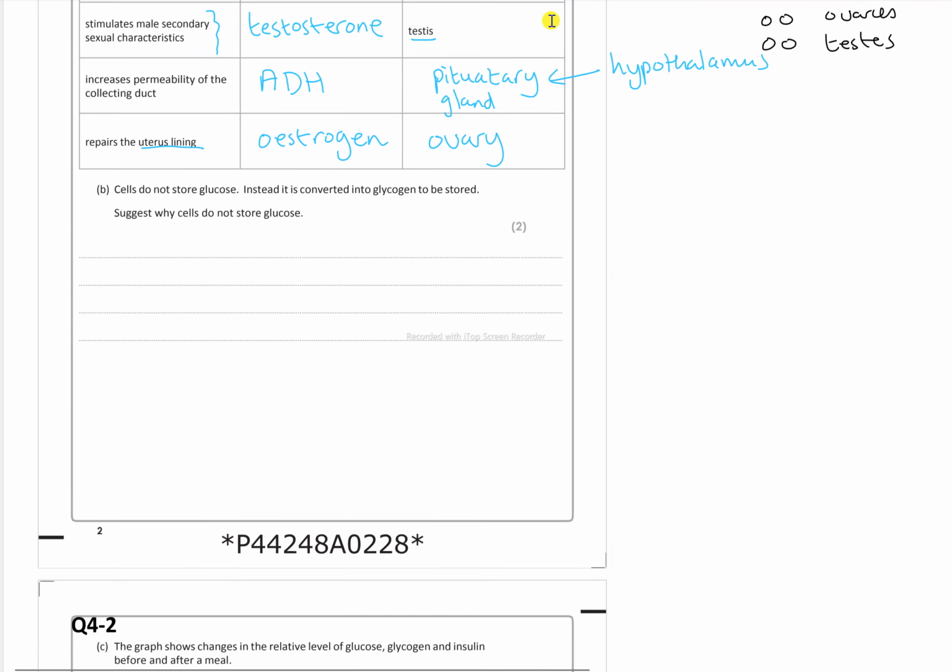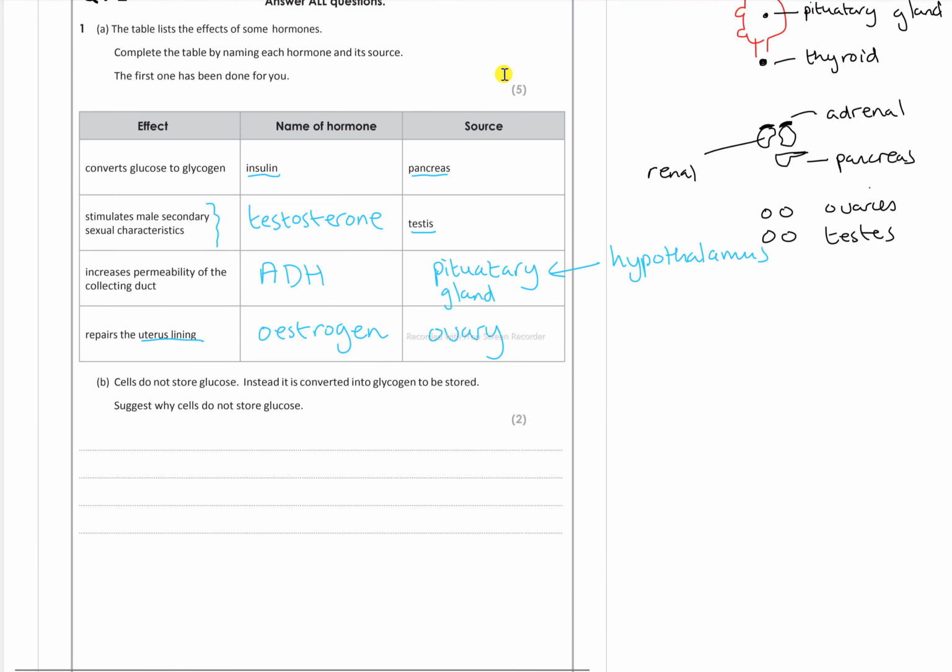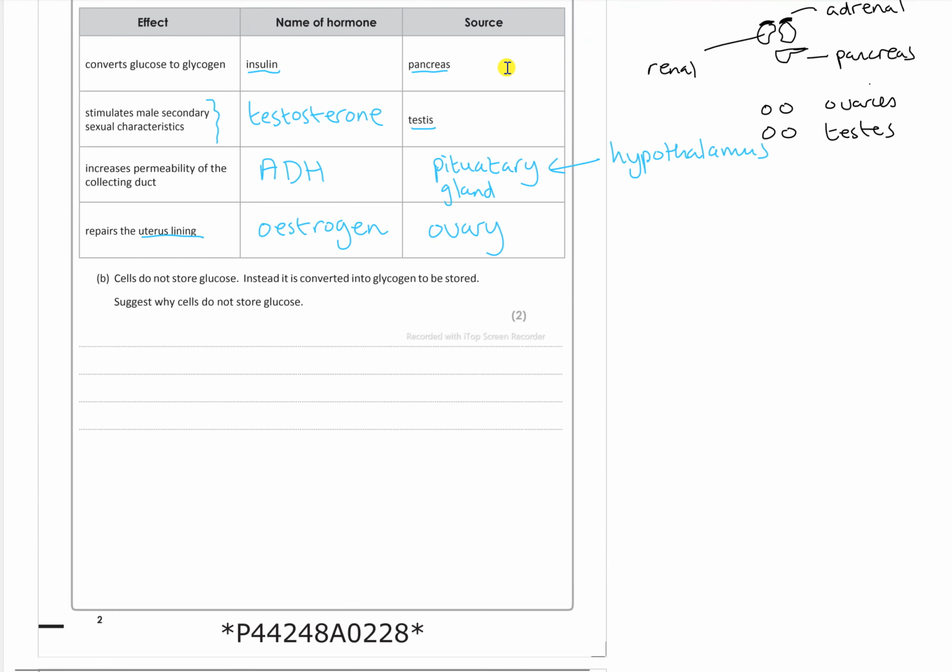Let's have a look. Cells do not store glucose. Why? Because it is water soluble. So what would happen if you stored glucose?